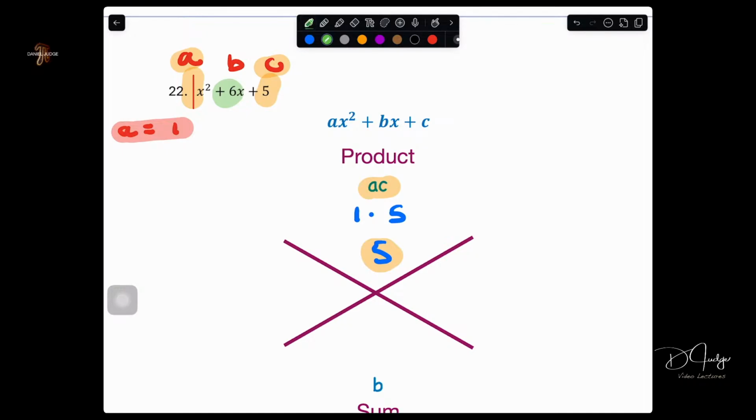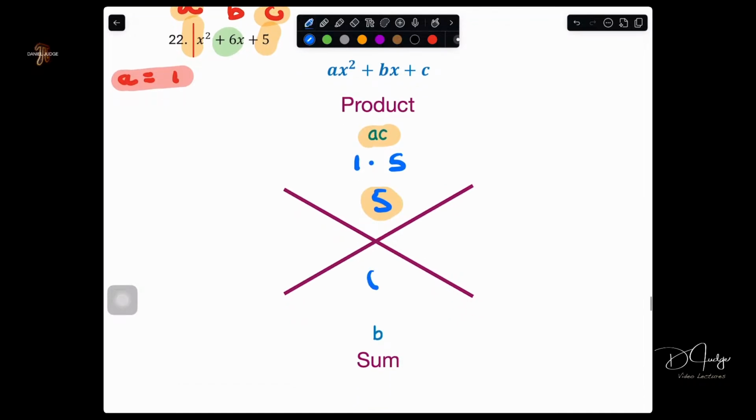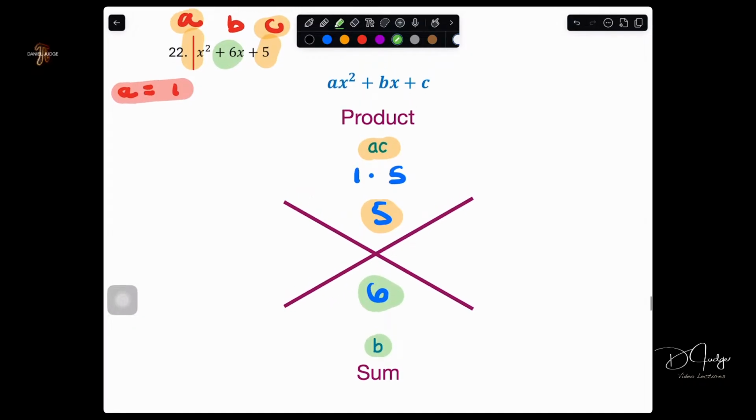B is 6. So again, we need two numbers multiplied together. The product needs to be 5, and your sum needs to be 6.